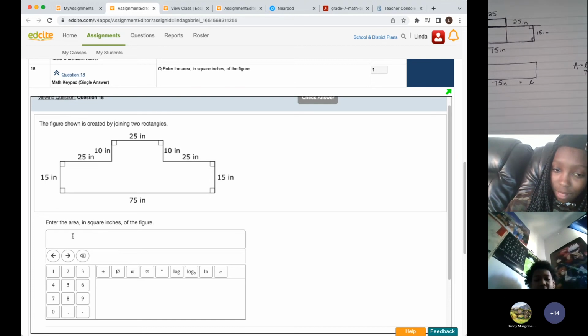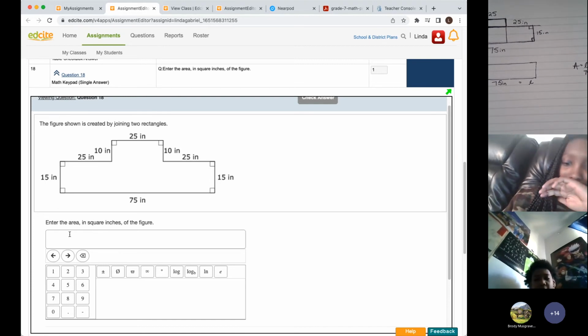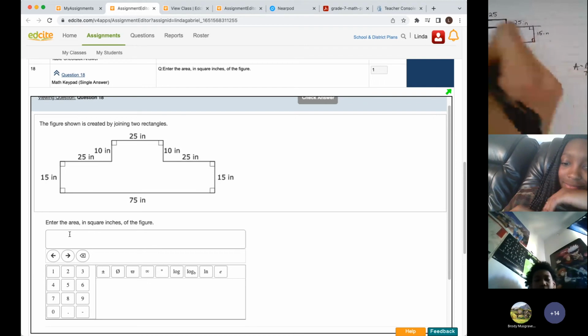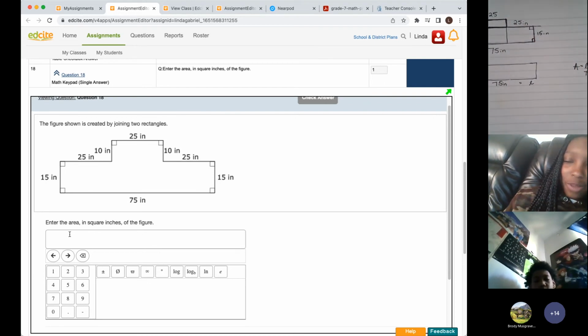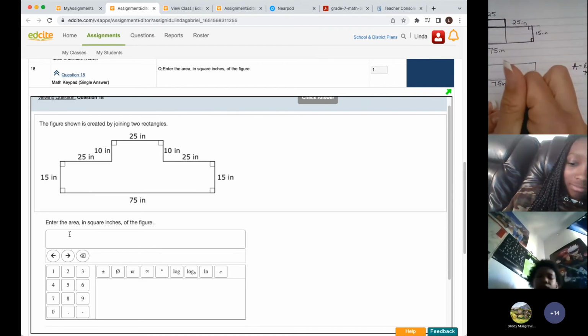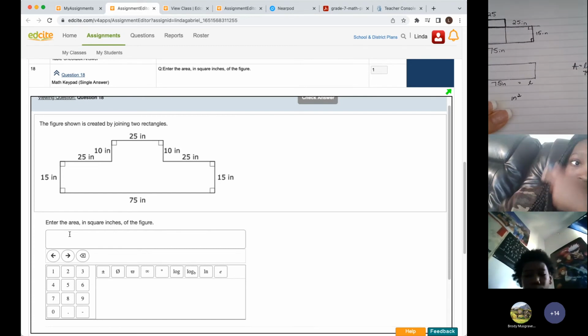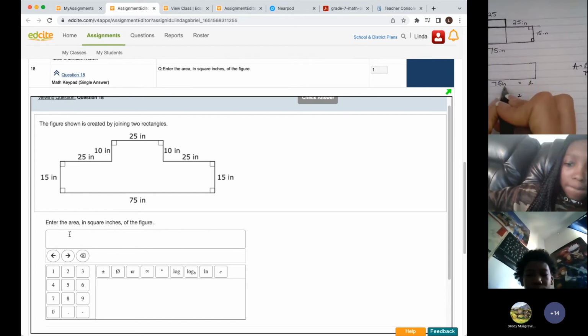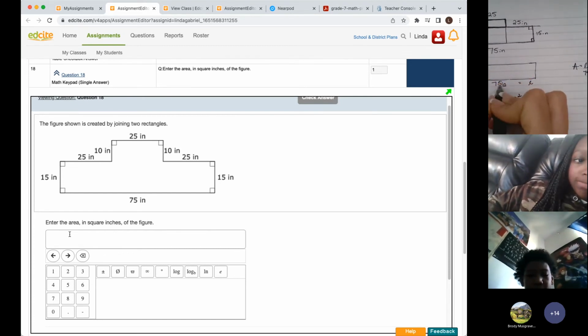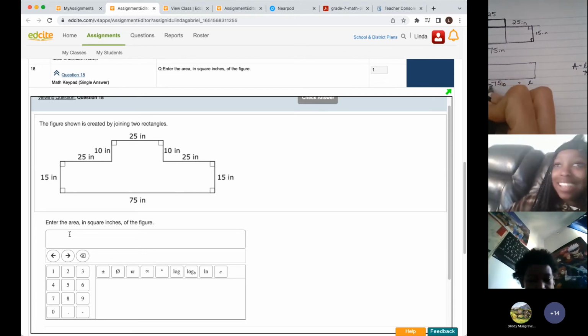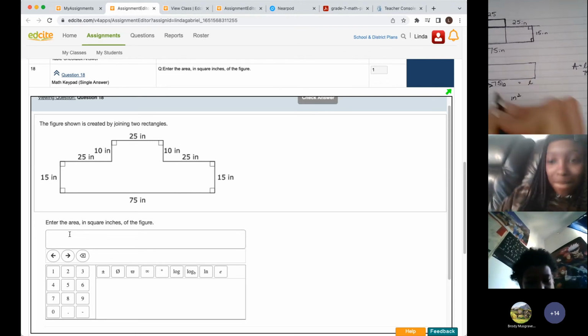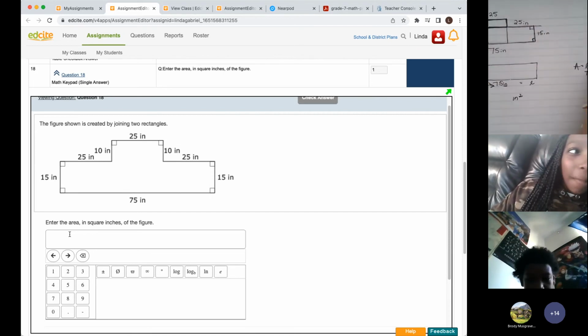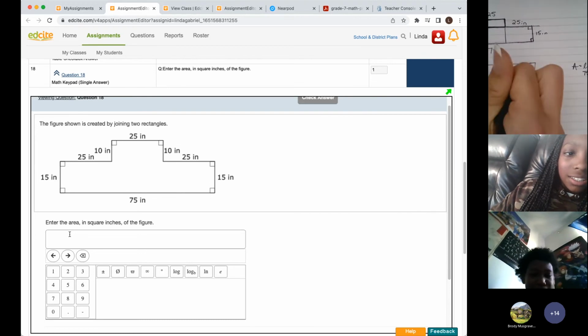And in the answer, it says enter the area in square inches. When it says answer in square inches, you know that your answer should be inches squared. That should help you know that you are going to multiply these two together, right? That's the only way that you'll have inches squared as your final answer. So the area for my first rectangle is going to be 75 times 15, right?